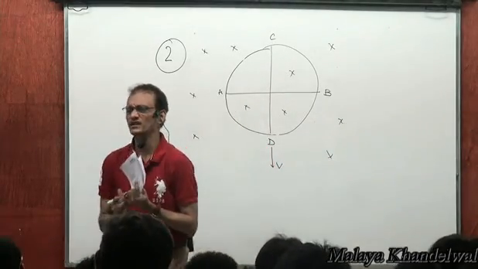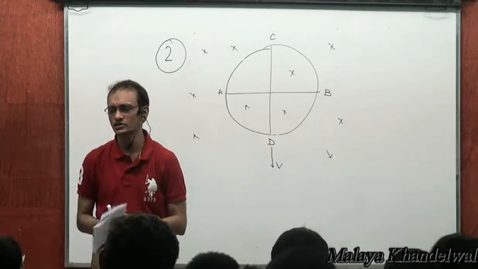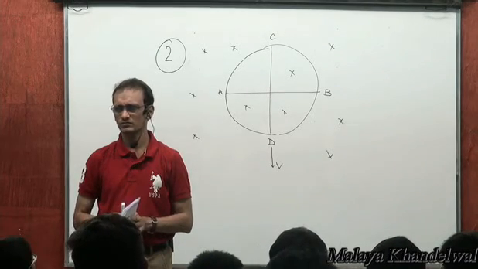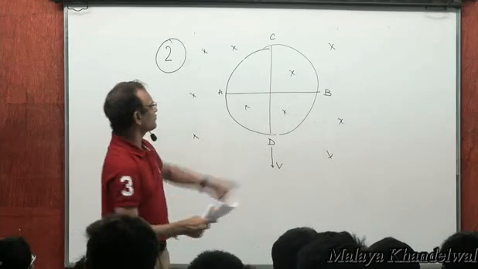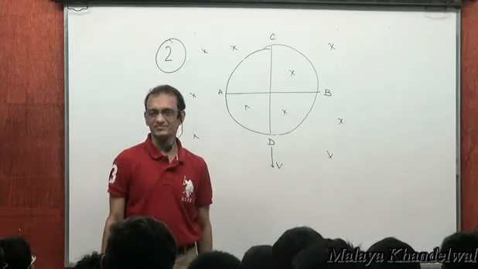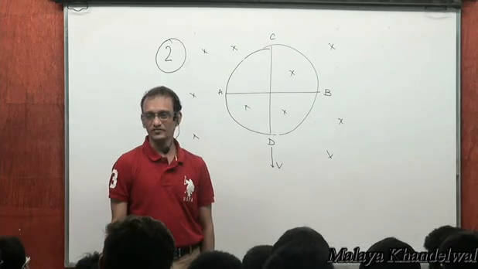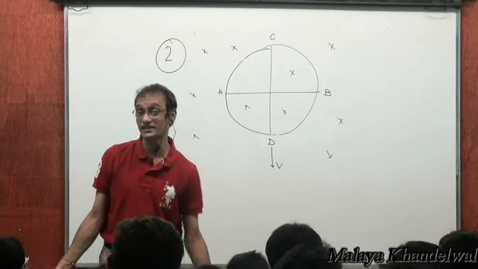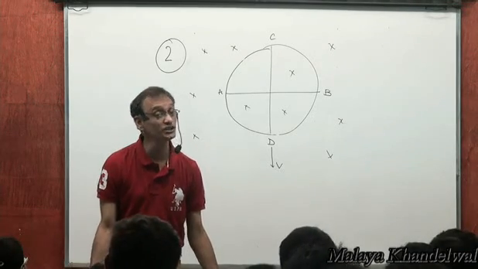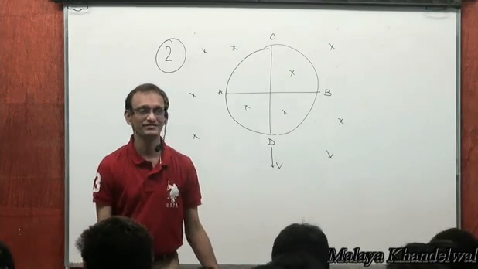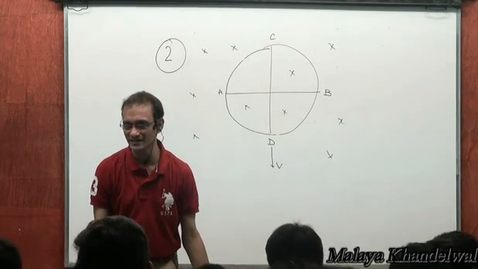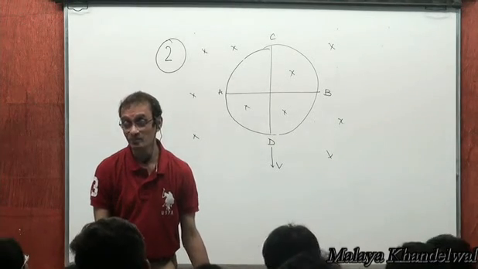Can you tell me if there is any induced EMF in this? There will be. Is the flux associated with this changing with time? If the flux associated with this is not changing with time, there is not going to be an induced EMF. There won't be a current driven through this loop, clockwise or anti-clockwise, right?